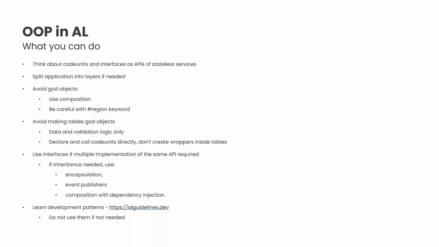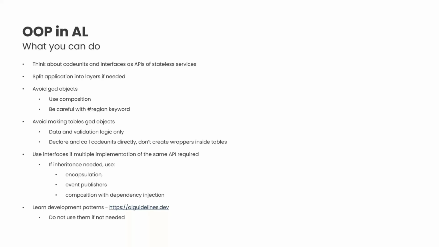We can split the application into layers, so we have those higher level code units and lower level code units. And to avoid God objects, we could use composition, and be careful with the region keyword, because if you have them, then probably your classes will be too big at this moment.